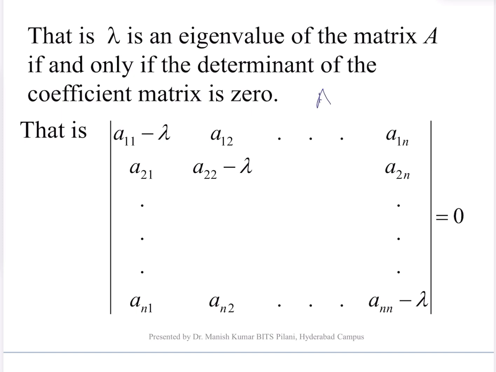So this determinant we are going to write: a11 minus lambda, a12 and so on up to a1n, a21, a22 minus lambda and so on. All diagonal places are subtracted by lambda, and that determinant is going to be 0.